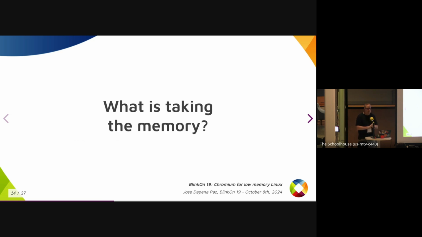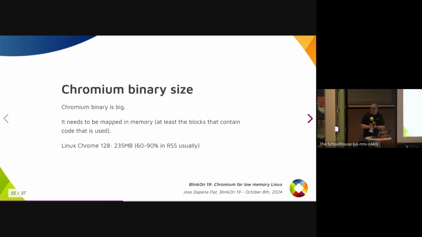Okay, so now next section, we are going to go through several of the owners of memory in Chromium, the parts that usually take more memory. First one, and this one is important when we are talking about devices like 512 MB: the Chromium binary nowadays is really big. The running code needs to be mapped in memory, at least the blocks that contain code that is running.